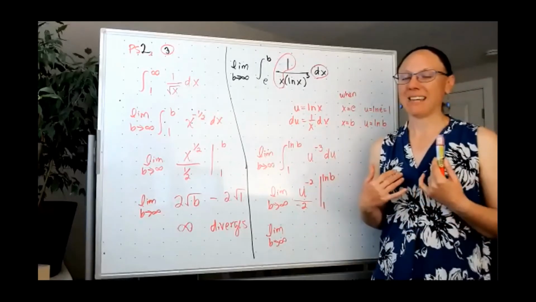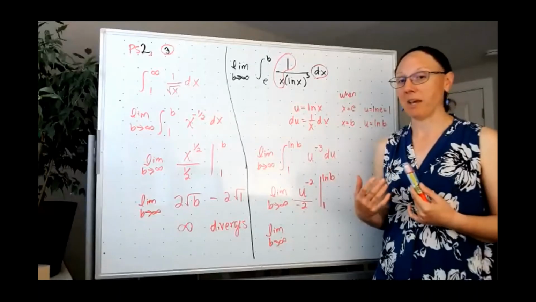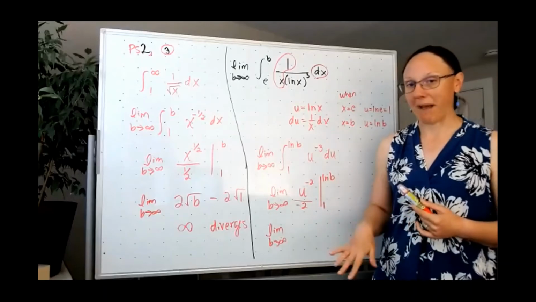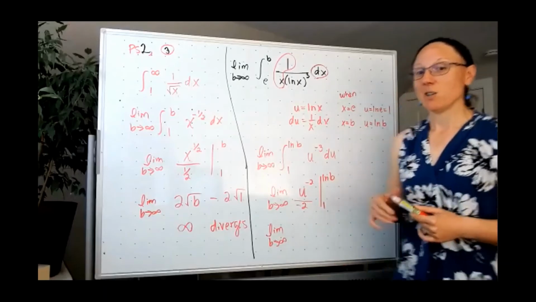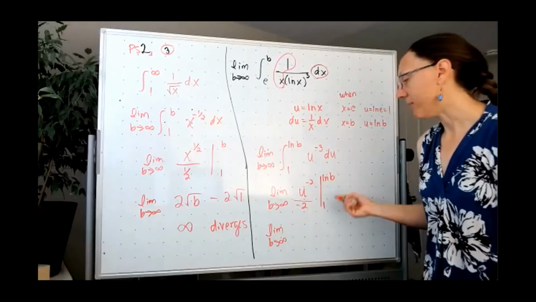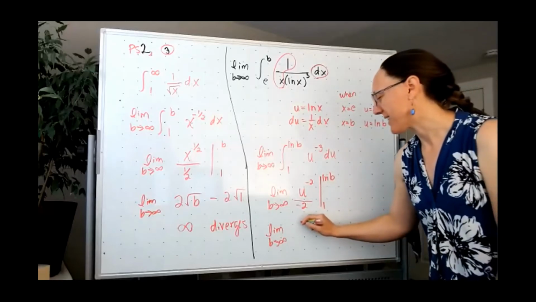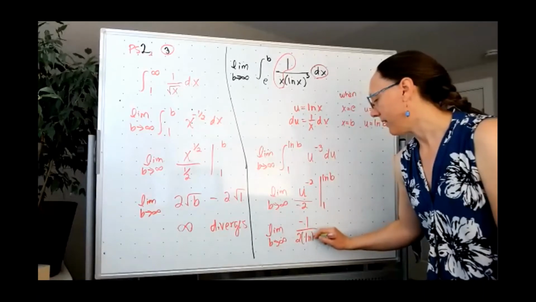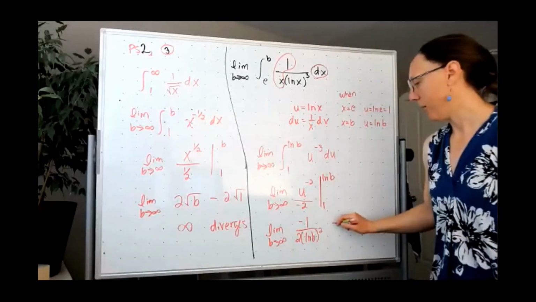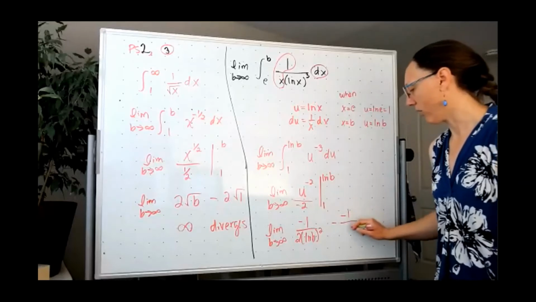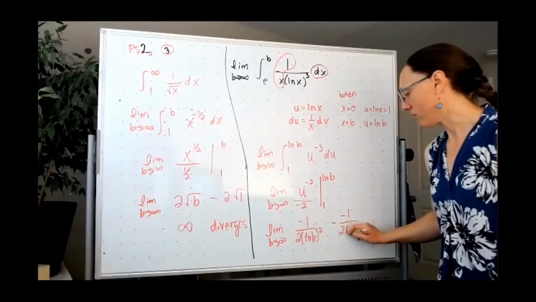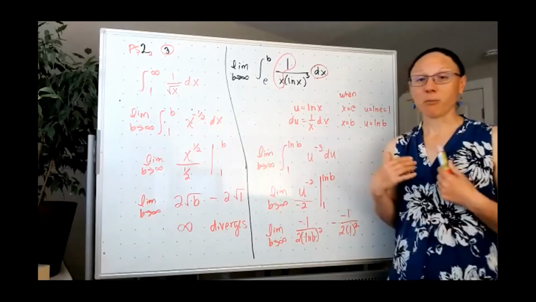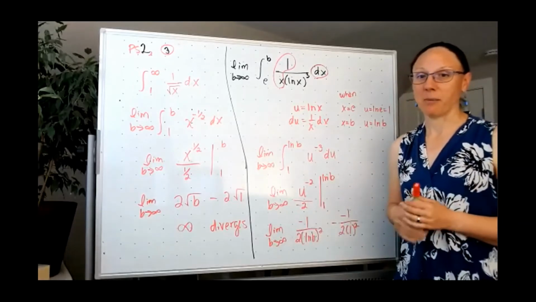But for me, it's easier to see what's happening in the limit if I take that u to the negative 2 and I actually move it back down to the denominator. So when I plug in that ln of b, I'm going to have this say -1 over 2 ln of b squared minus -1 over 2 times 1 squared. For me, that makes it easier to see what's happening in the limit.